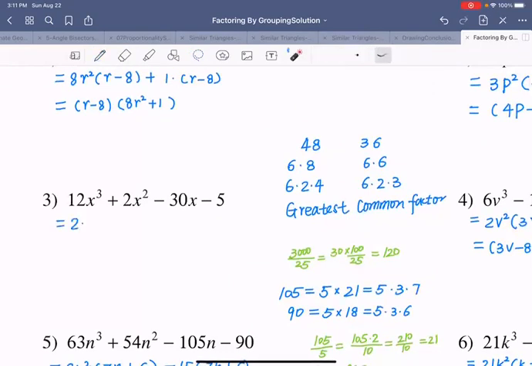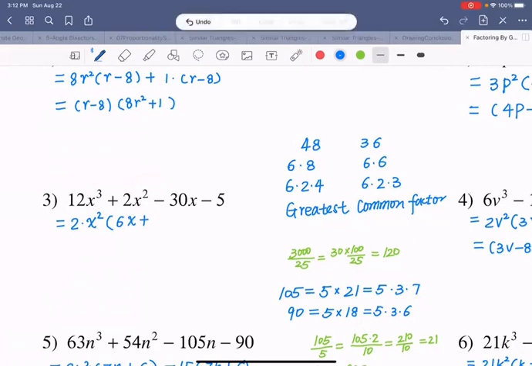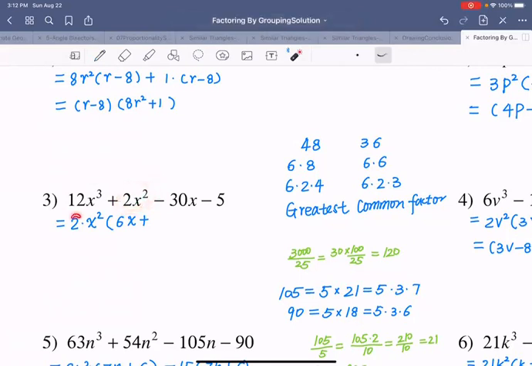You want to take the 2x squared. Yes, there you go. And then for here, what you put? 6x plus x squared. Nope. Or just x. No. 2x squared times 1 is 2x squared. So here should be 1.